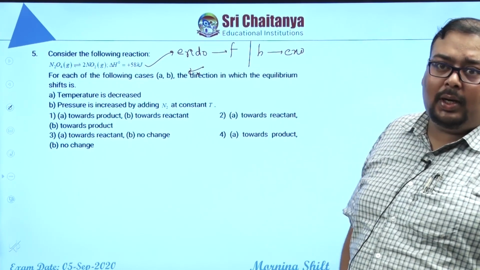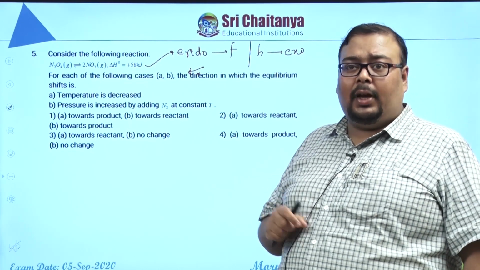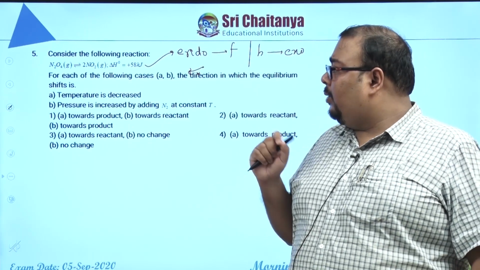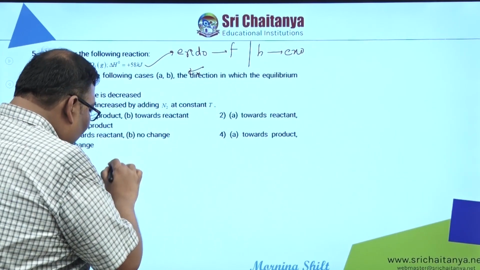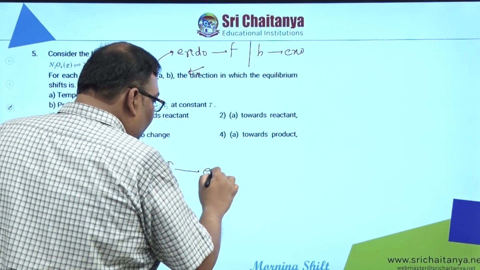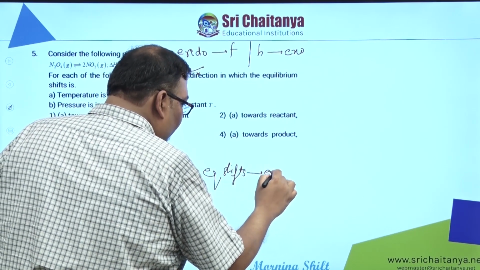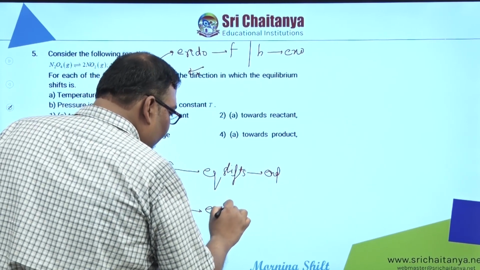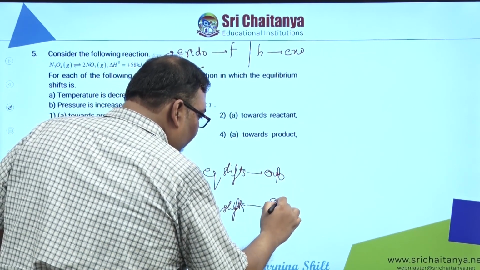First we look into the condition A, which is saying that temperature is decreased. So you see, this is a question of chemical equilibrium, which is under the Le Chatelier principle topic. Okay, so as per that concept, as temperature increases, the equilibrium shifts in the direction of endothermic reaction, and as temperature decreases, equilibrium shifts in the direction of exothermic reaction.